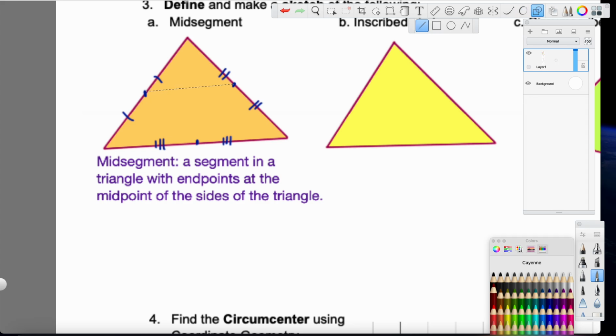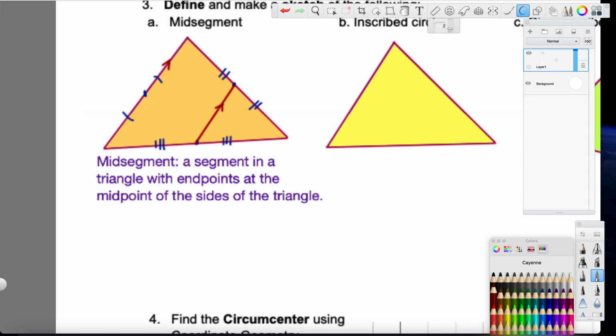Let me just do this one first. Okay, so we know that these midsegments are parallel to the base side. So these are going to be parallel. And they're also going to be half the base.